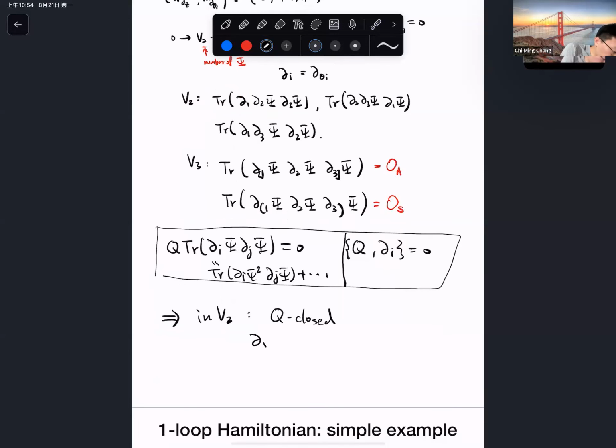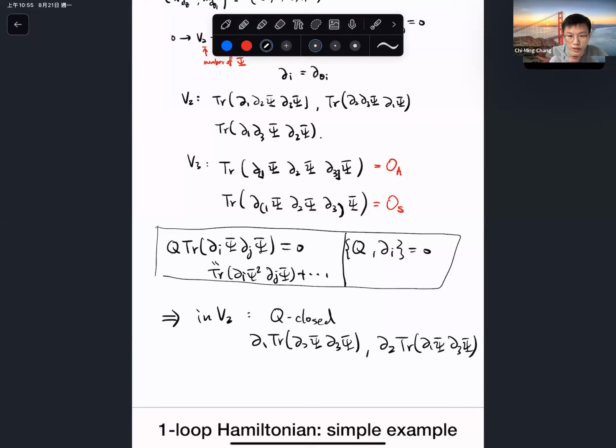For example, partial 1 trace partial 2 psi, partial 3 psi. So this is one Q closed guy, partial 2 trace, partial 1 psi, partial 3 psi. And this is another one. And there are two Q closed guys. And there is one that is not Q closed. Is this one.